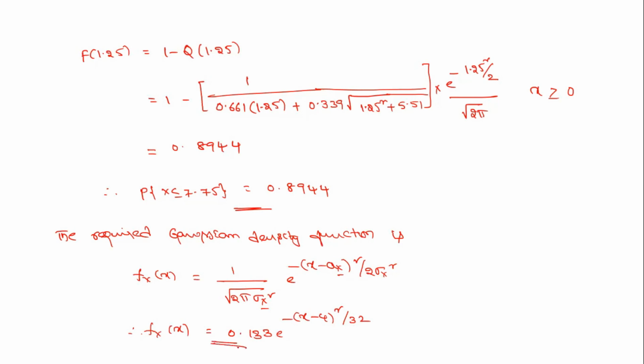With respect to this, we need to draw the graph, so I'm taking a graphical representation. The default model of the Gaussian distribution function looks like this, and it has its maximum value at the mean aX. The maximum value of this equation is 0.133.